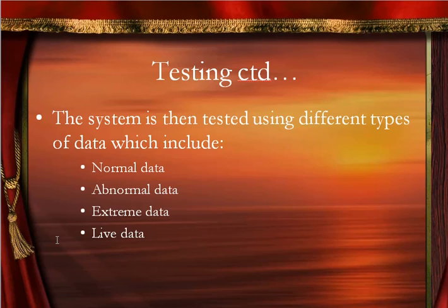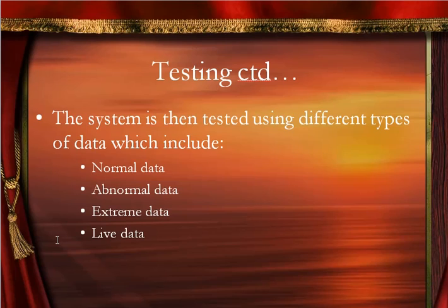But when we talk about extreme, the one that is at the extreme end of our range, at the verge of going out of range into abnormal data, the one that stays on the borderline is what we call extreme data. For example, in our scenario, our extreme data would be 1 and 12.